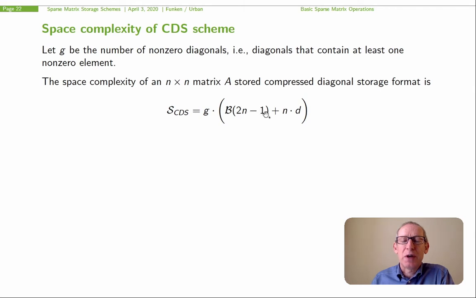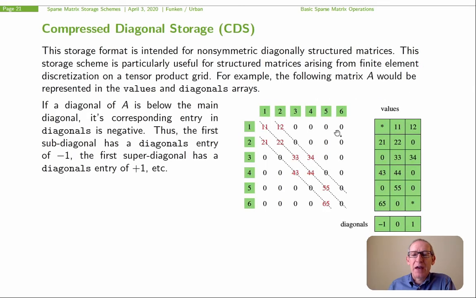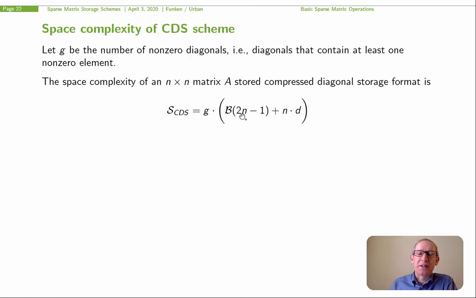The 2n minus 1 is obvious. If you have an n by n matrix, you have in the shift the term 0 up to n, but you also have the negative indices, so that means you have n plus n minus 1, which is the 2n minus 1 here for the index.